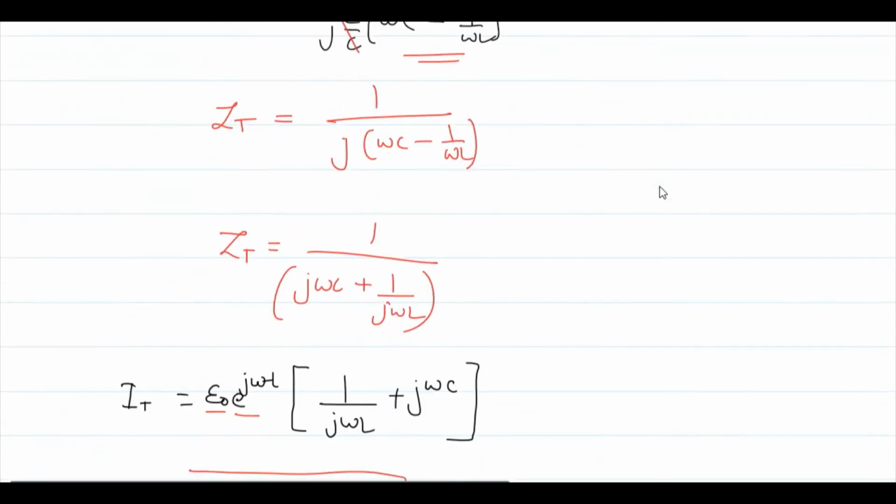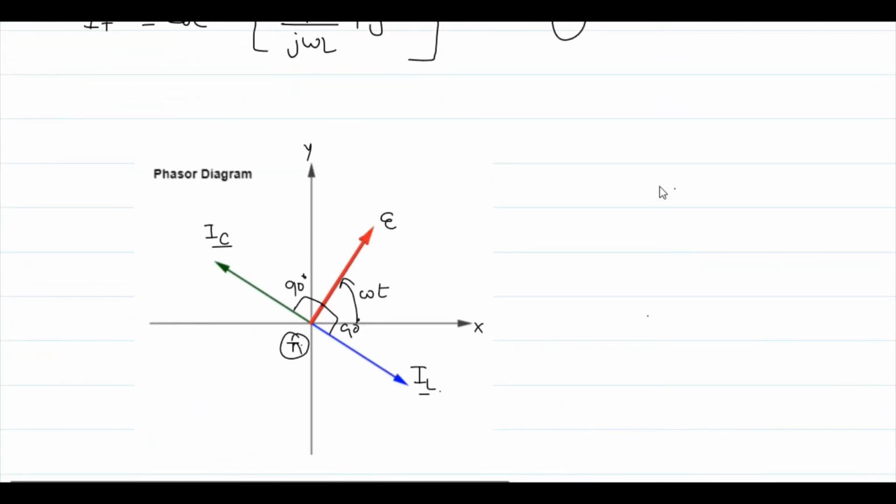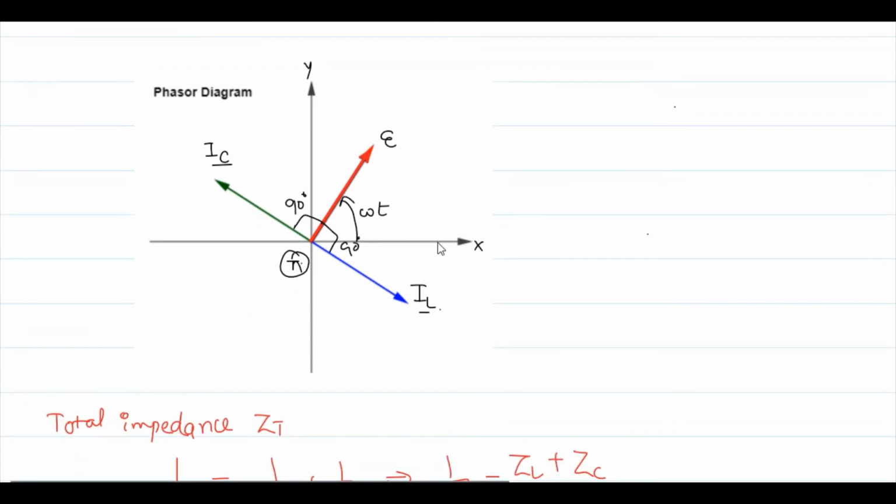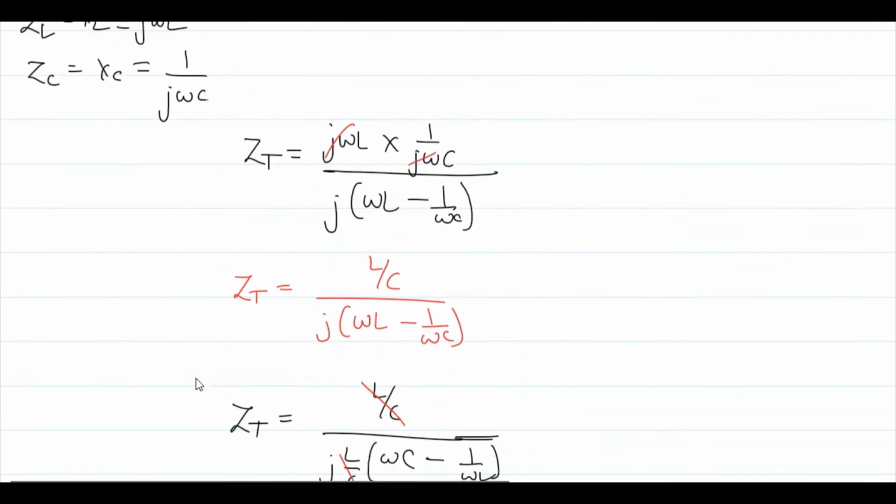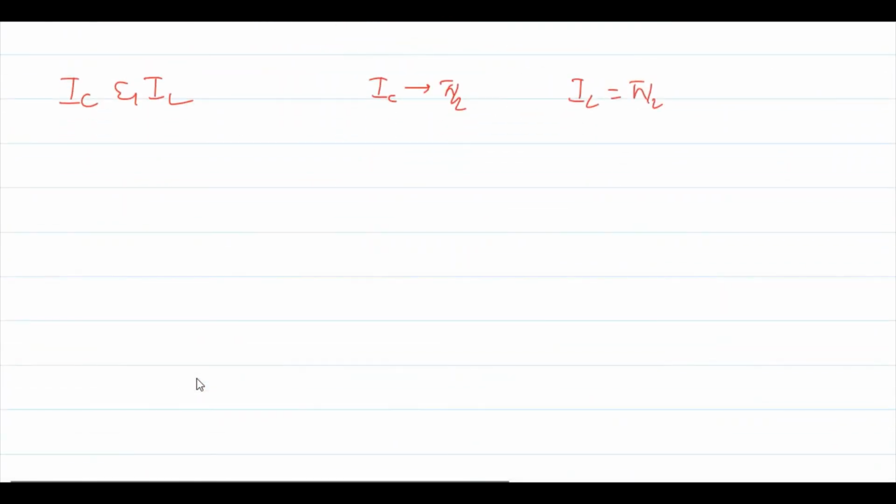If you look at the phasor diagram at resonance, if IC is equal to IL, then they will be exactly out of phase. The resonance condition is IC equal to IL in magnitude, but out of phase, so IC equals minus IL. This negative sign comes from the pi phase difference between IC and IL.